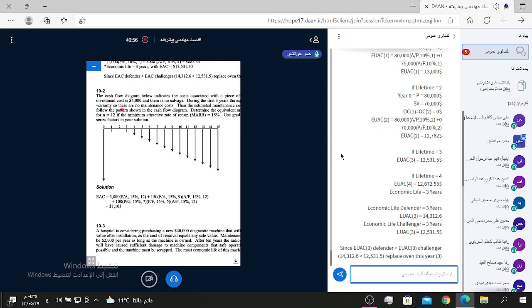The investment cost is $5,000, and there is no salvage value. I write P is 5,000, SV equals 0.